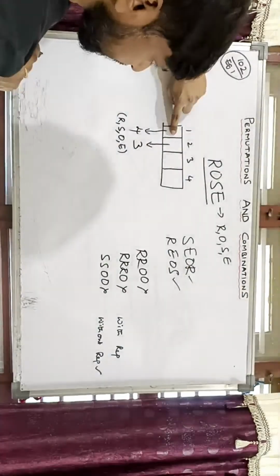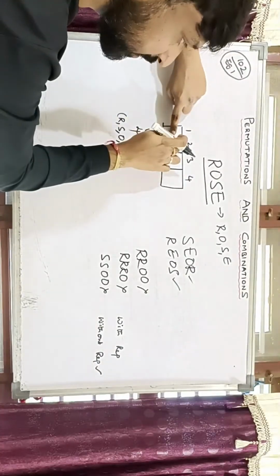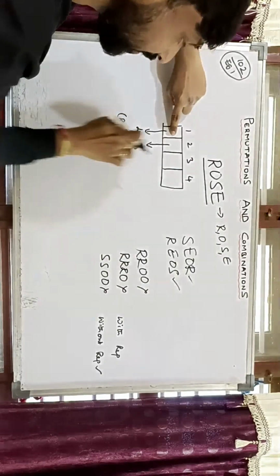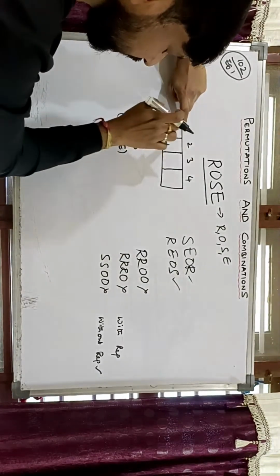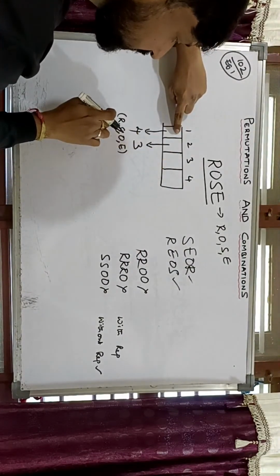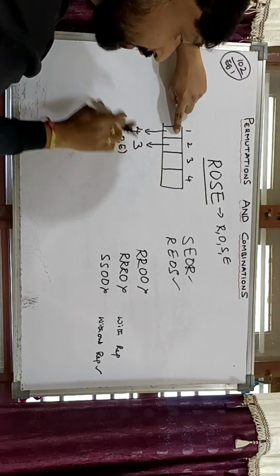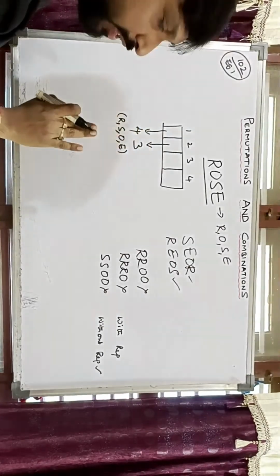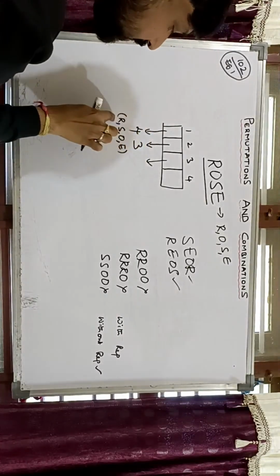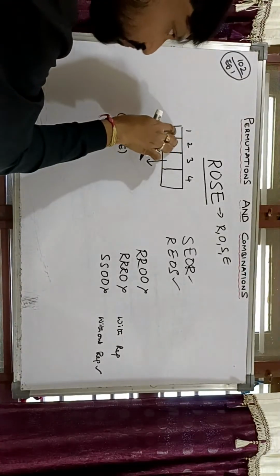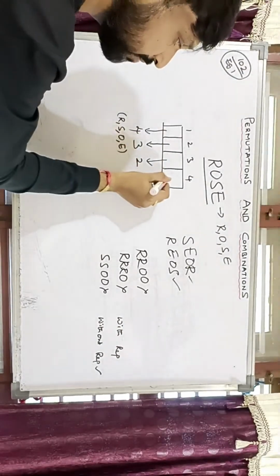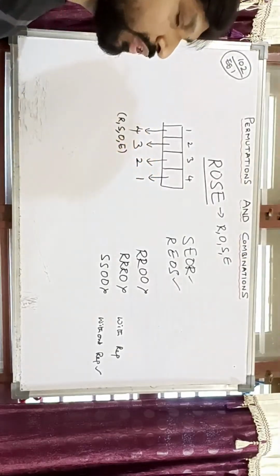If you fix S, don't repeat S, so you can fix either R or O or E here. If you fix E, then you can fix R or S or O, so only 3 possibilities. For the third box, since two letters are already fixed, only 2 chances to fill this box. Similarly, only 1 chance is there to fill the last box.